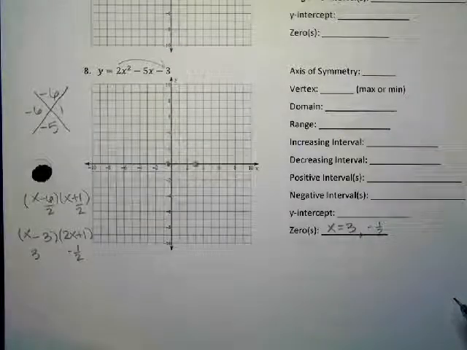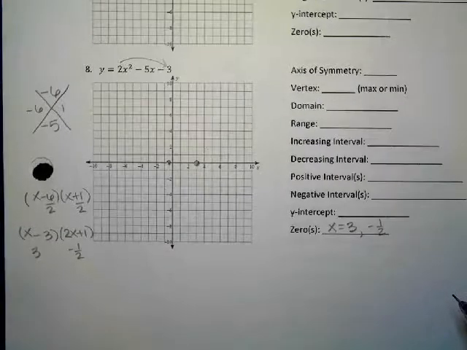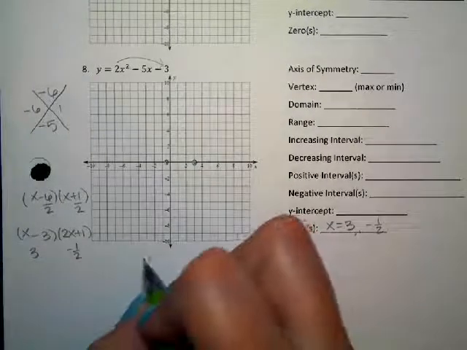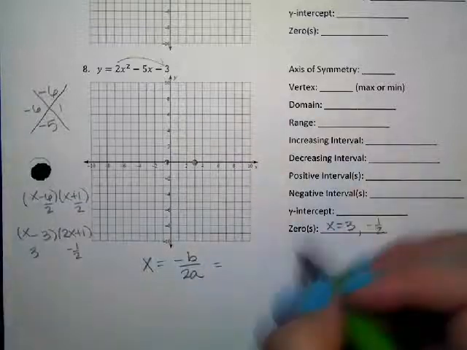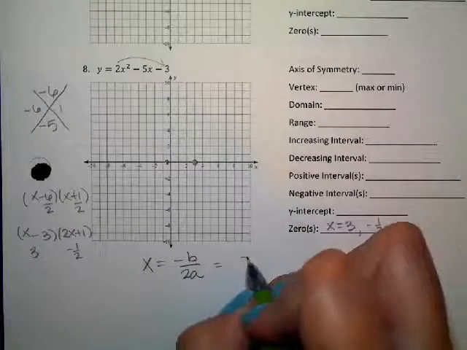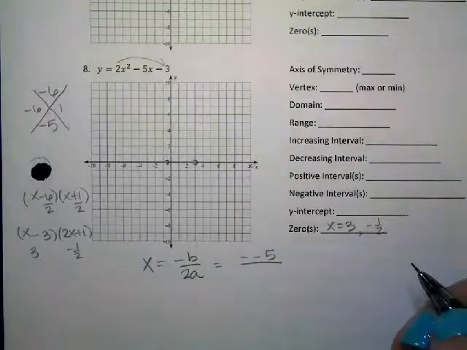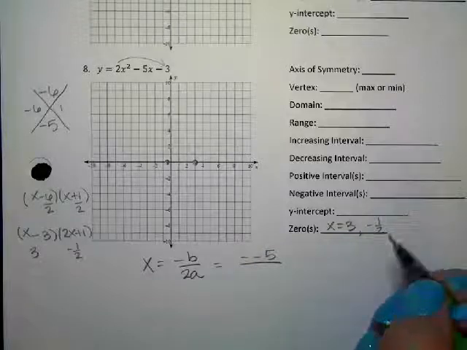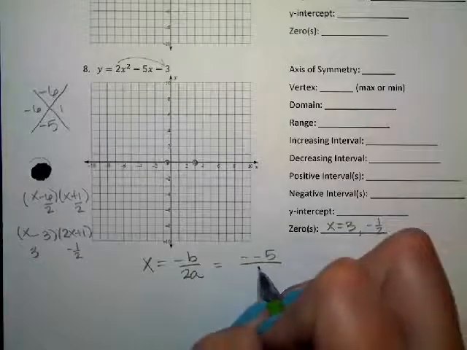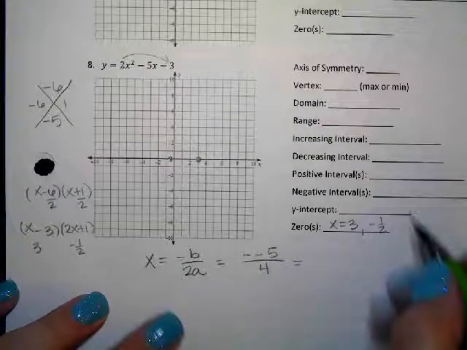So we've got -5 over what? 2 times a, so 2 times 2, it's just 4. So the x coordinate is positive 5/4. What's 5/4? 1.25. Okay. All right.